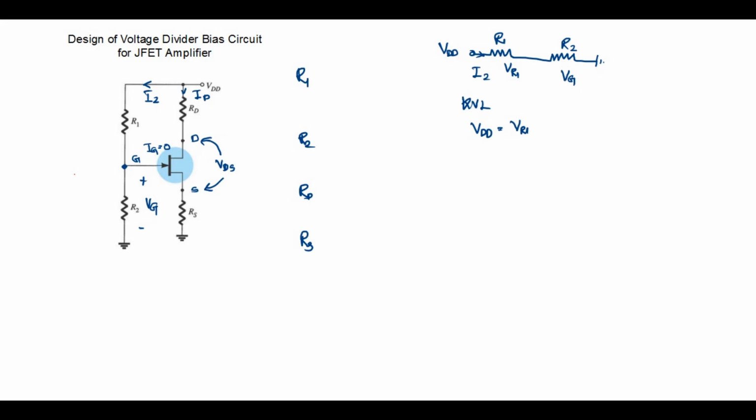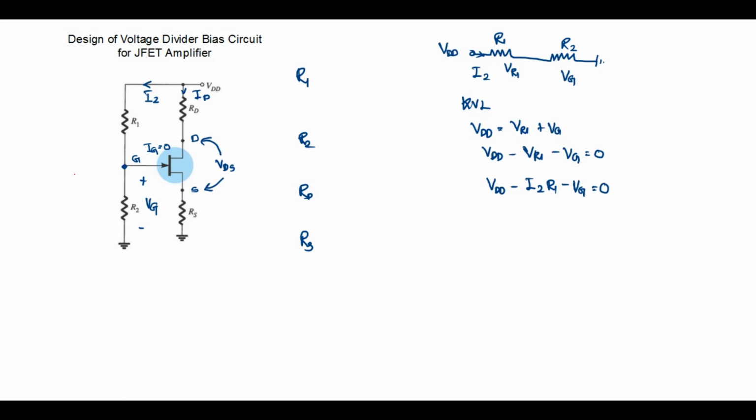VDD minus VR1 minus VG is equal to 0. Actually we want to find R1. So we can rewrite this as VDD minus I2 into R1 minus VG equal to 0.